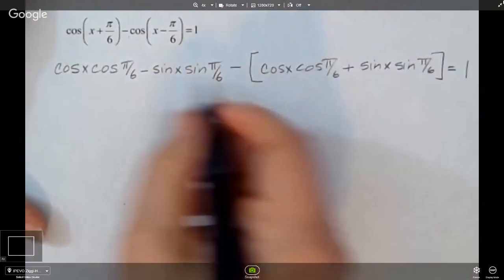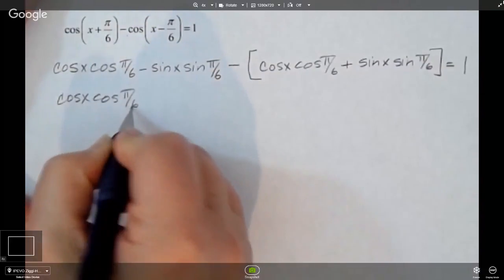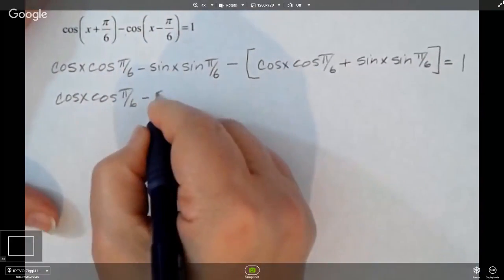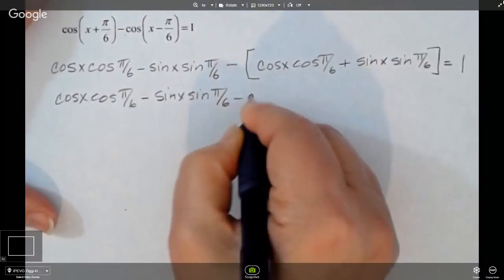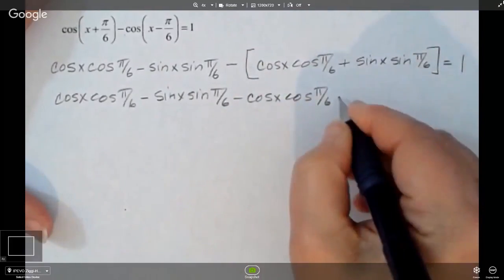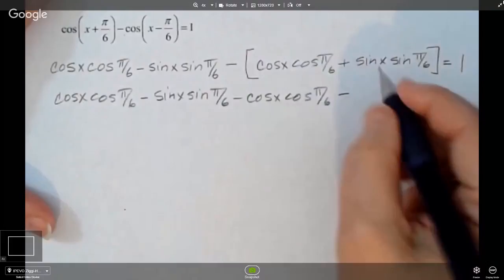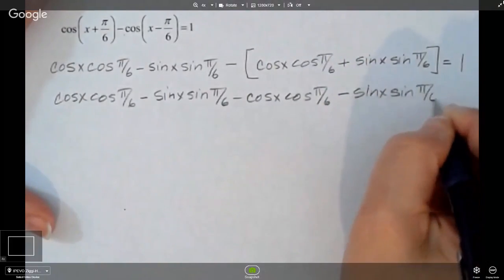All right, distributing the negative, we get cosine x, cosine pi over 6, minus sine x, sine of pi over 6, minus cosine x, cosine of pi over 6, minus, so we're distributing that, sine x, sine of pi over 6 equals 1.